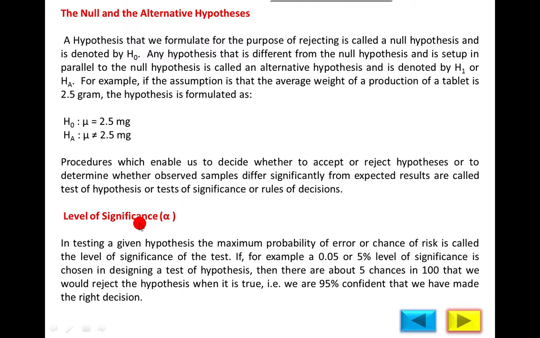In the field of defense, we choose less than 1%, 0.5%. So it depends on the requirement. Level of significance is the probability of error in your decision. Your decision may be wrong.